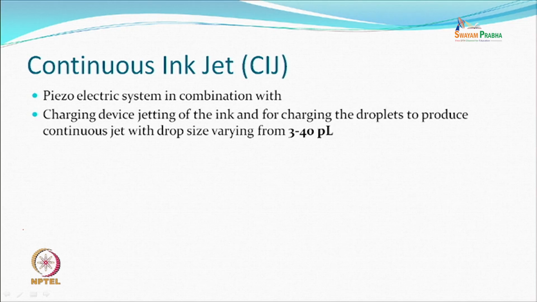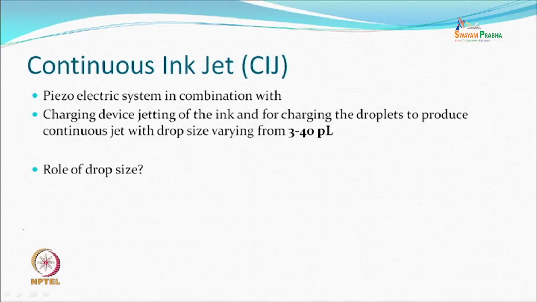And sizes can be varied depending upon the frequency and also the total amplitude of the change. If the amplitude change is less, less amount of material will be pushed. So you may still think, what is the droplet size? You're looking at 3 to 40 picoliters. It's very small. So obviously the control has to be good.